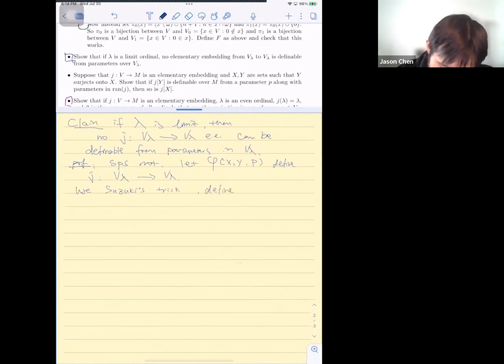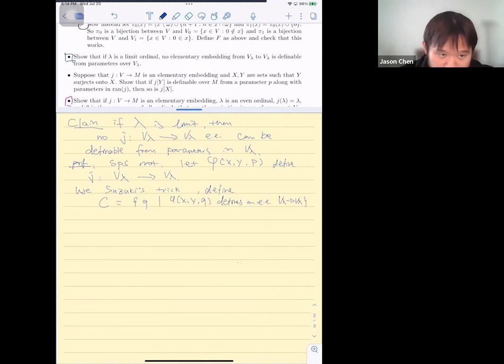Define the set C to be all the possible parameters Q such that phi x, y, q defines an elementary embedding from V lambda to V lambda.